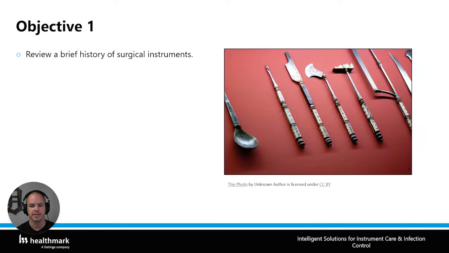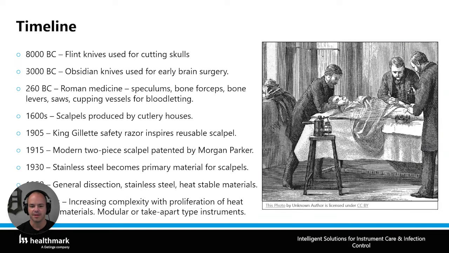All right, so let's get into objective one, where we review a brief history of surgical instruments. As you can see there, it's just a picture I found of ancient surgical instruments, which I thought was interesting. Looking at the timeline, I was surprised to see that they found surgical instruments dating back to 8000 BC.